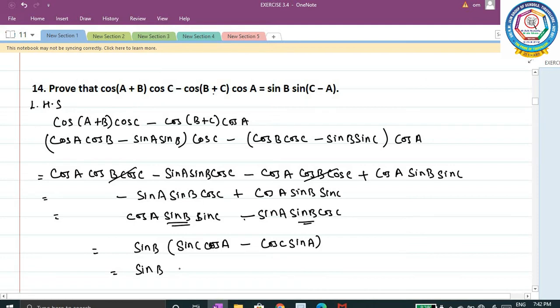So sin b into sin of, a place is c, b place is a. What is the right hand side given? Right hand side equals sin b into sin of (c minus a). So left hand side and right hand side both are equal. Therefore, left hand side equals right hand side. Hence proof.